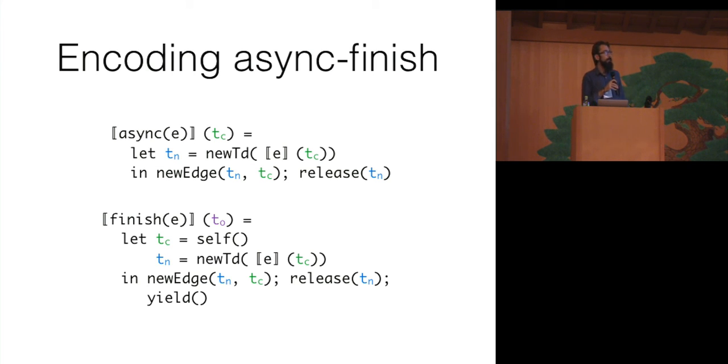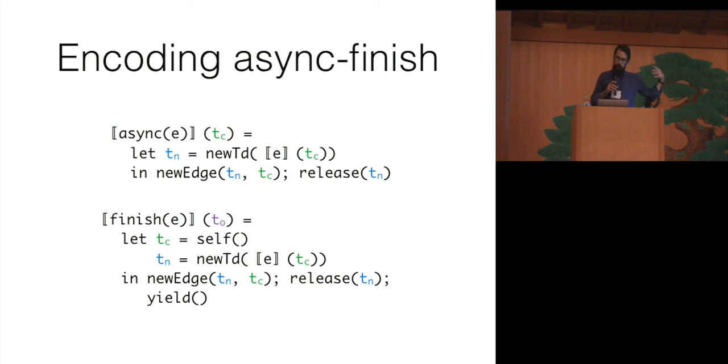In this case, we have to map them into threads, into vertices in the DAG, so they have to get an identity. And so what we do here is we pass to the translation the identity of the enclosing finish block. This is the TC for async and T0 in the finish case, so the argument of the translation.